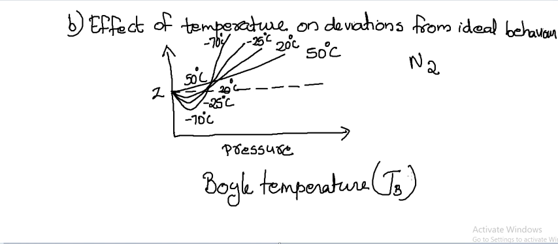That specific temperature is known as Boyle temperature. Here in the case of nitrogen, Boyle temperature is 50 degrees Celsius. That is, at 50 degrees Celsius, nitrogen obeys Boyle's law in the 0 to 100 atmospheric pressure range.